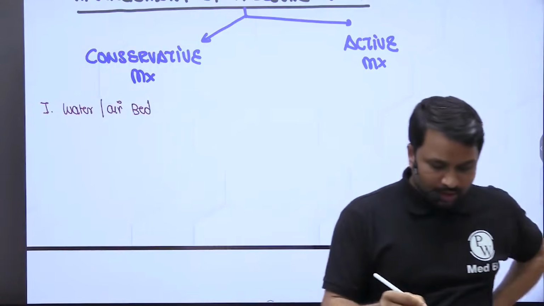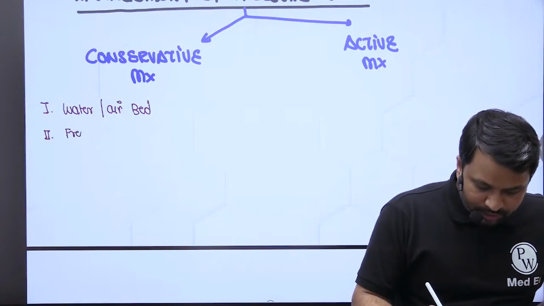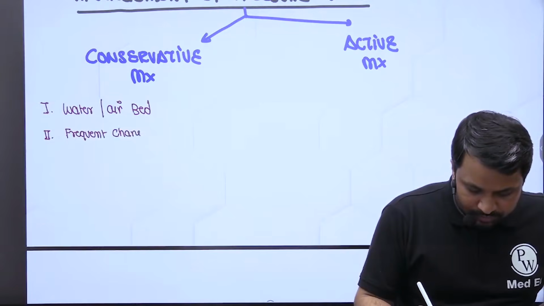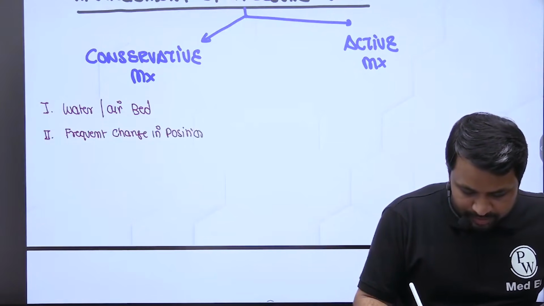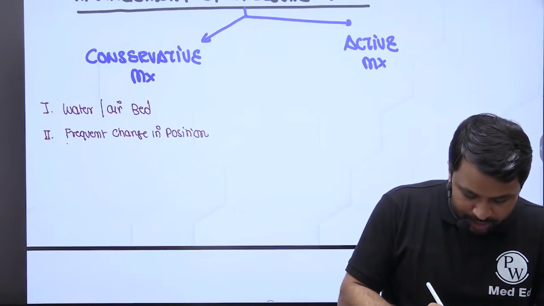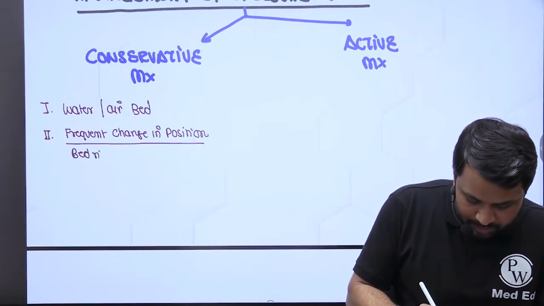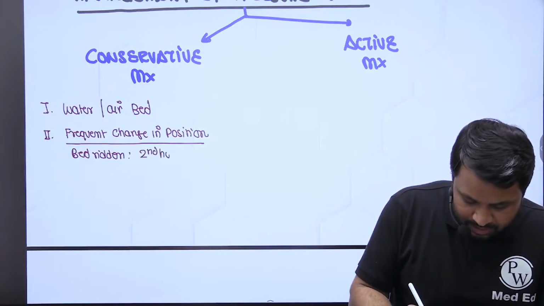ठीक है? अच्छा. The second one is going to be a frequent change in position. Now सवाल ये है कि कितना frequent. Now if a patient is bedridden, for a bedridden patient, it should be every second hourly.